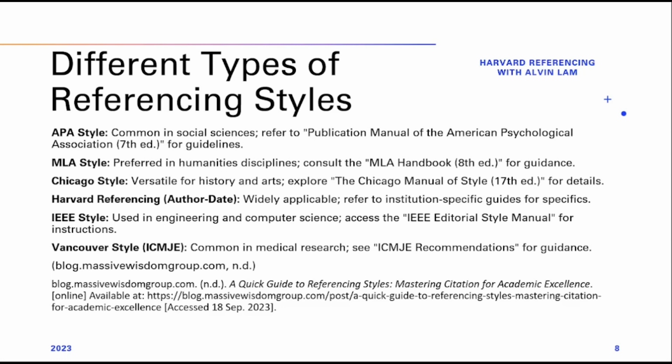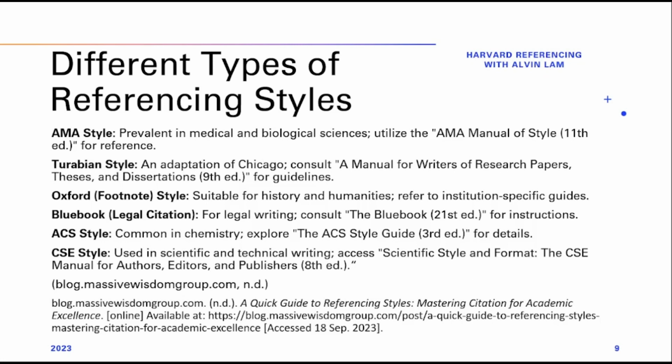And then IEEE style, which is used typically in engineering and computer sciences. Vancouver style, AMA style, Turabian style, Oxford style, which is used in history and humanities. And there are a few others like Blue Book, ACS style, and CSE style. So if you're interested, you can go online and do a bit more research on the different styles if you need.